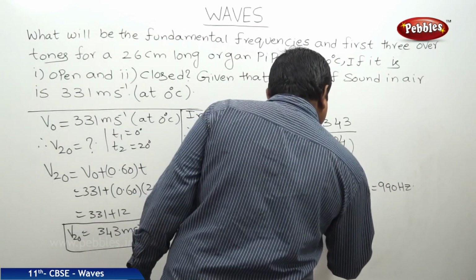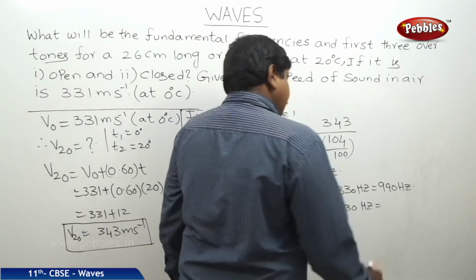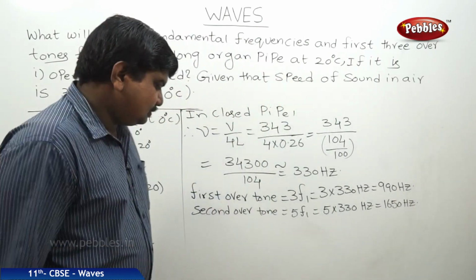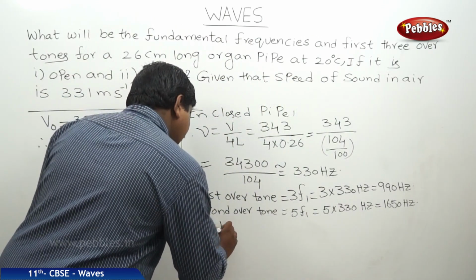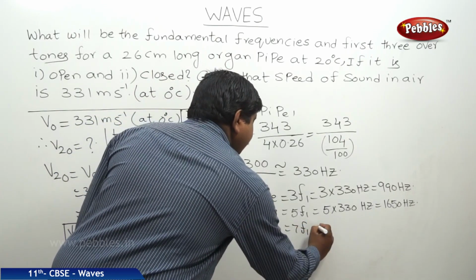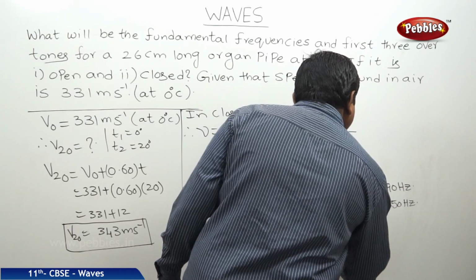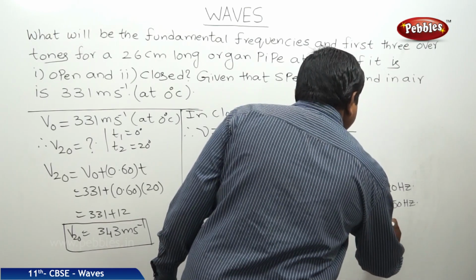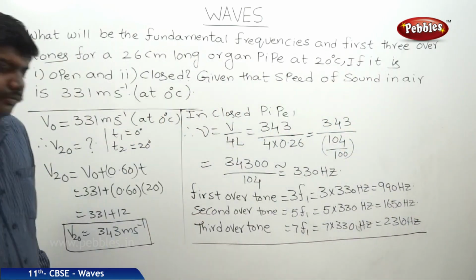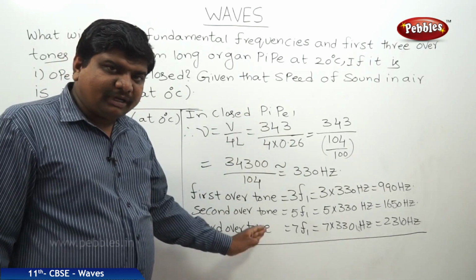Therefore it is 5 into 330 Hz, nothing but 1650 Hz. Third overtone, 7F1. Therefore it is 7 into 330 Hz, therefore it is 2310 Hz. So like this we can define all the modes of frequencies in the closed pipe also.